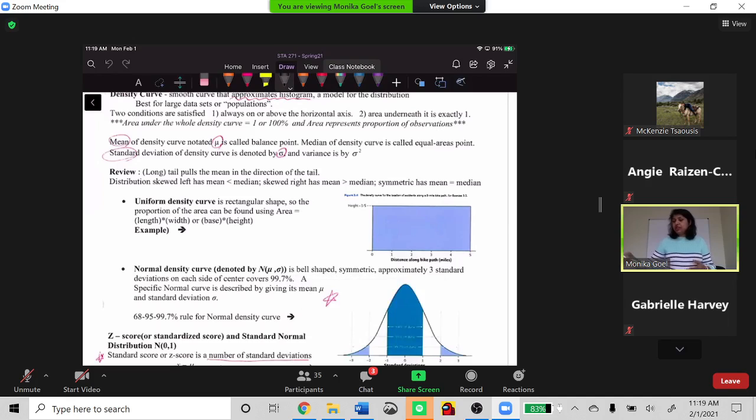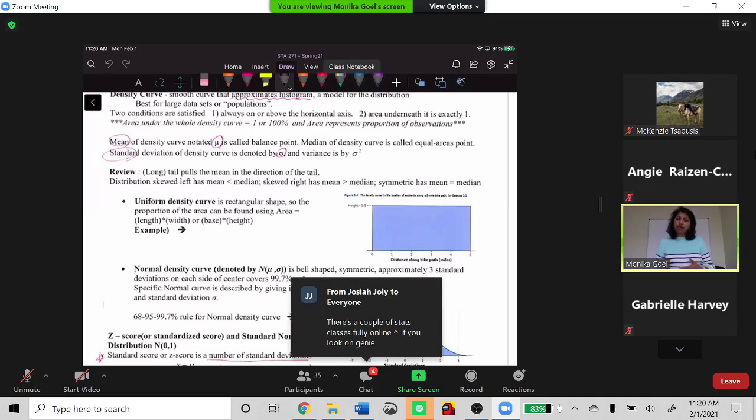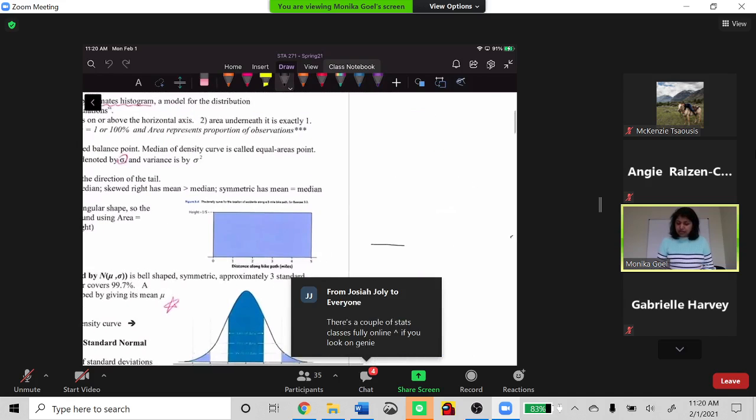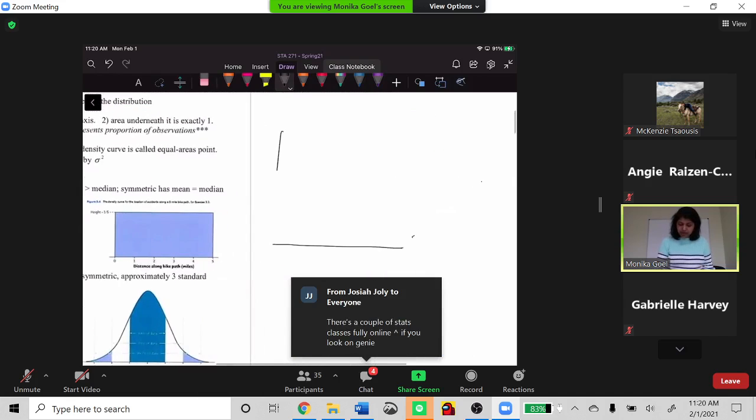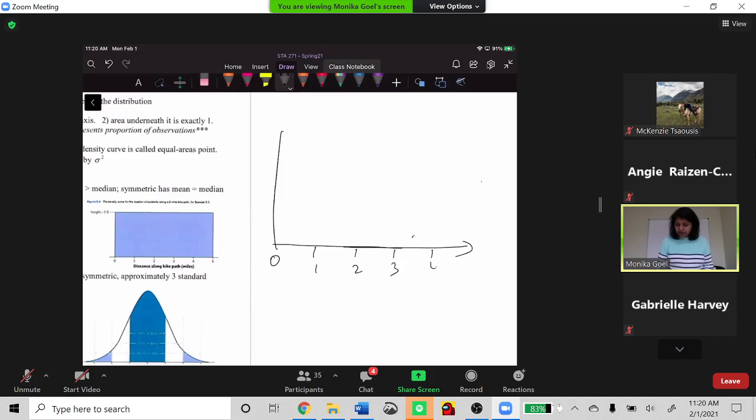So when we are saying uniform density curve, we are making a density curve that is uniform at all the points. So let's say I'm making a density curve starting with 0, 1, 2, 3, 4. Then I observe this point at 0, at 1, and at 2.